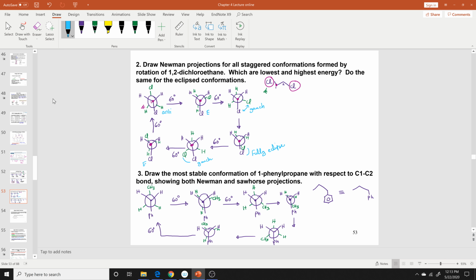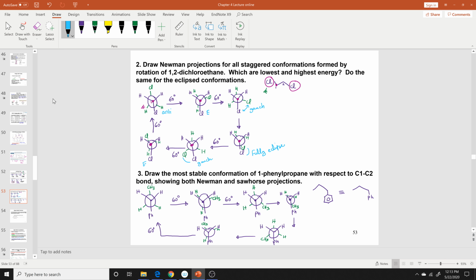So see, I don't have more than 6 conformations. This is the maximum number of conformations in here. So simply draw it as you see it. Carbon number 1 is in front, carbon number 2 is behind. Whenever you want to go from one conformation to the other, you rotate.